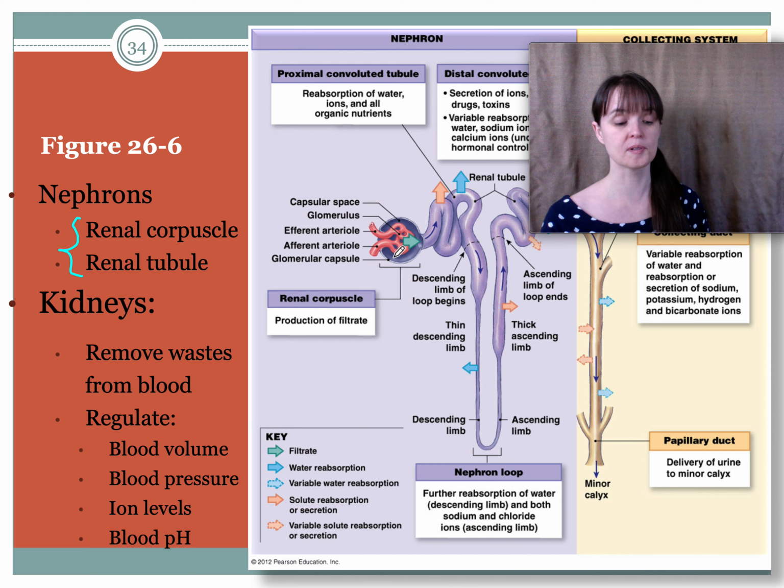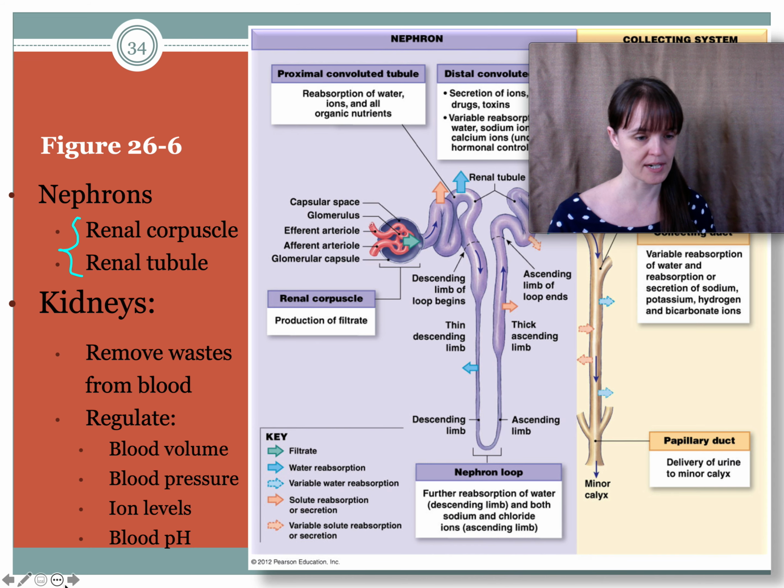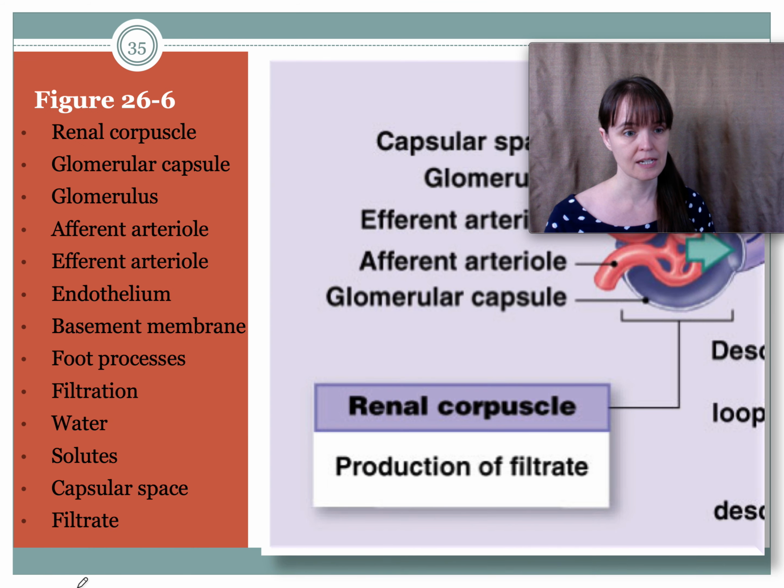Blood is delivered to the glomerulus via the afferent arteriole, and it is carried away via the efferent arteriole. Together, the fenestrated endothelium, the basement membrane, and the foot processes, which in lab we're calling pedicels, of the podocytes form the filtration membrane. Oh, okay, we were on this slide.